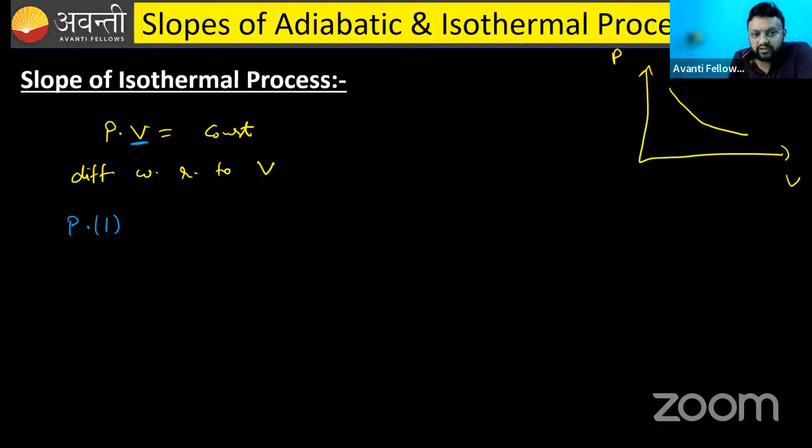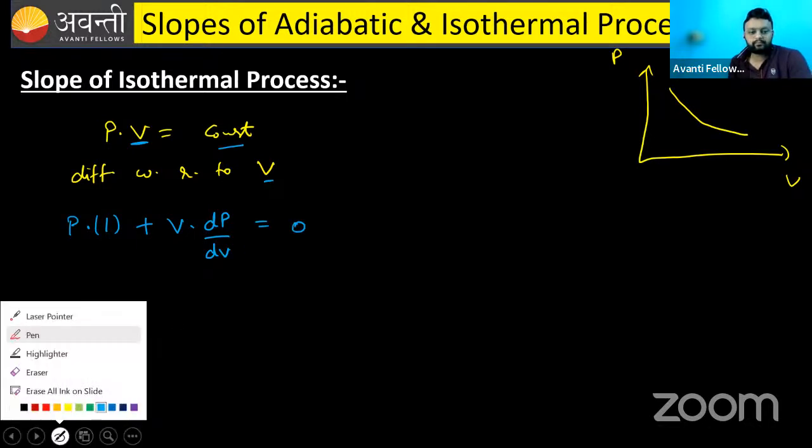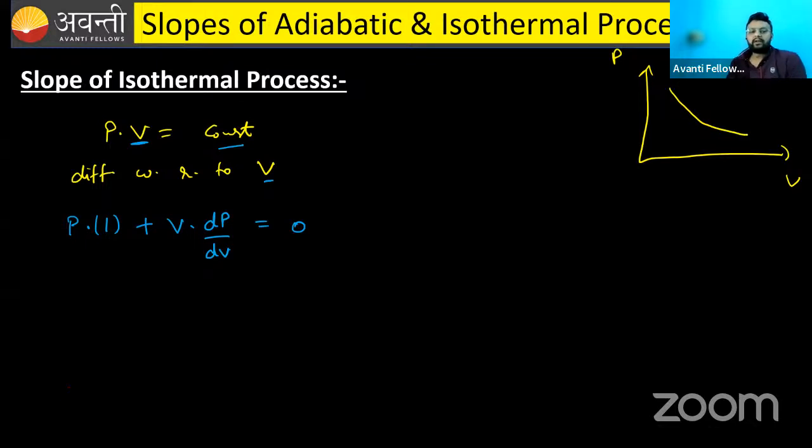If you differentiate V with respect to V, it will be 1 plus second function as it is, differentiation of first, that is dp over dv, differentiation of constant is 0. I think the point is clear. If you can differentiate the function u into v, then you can easily get that.